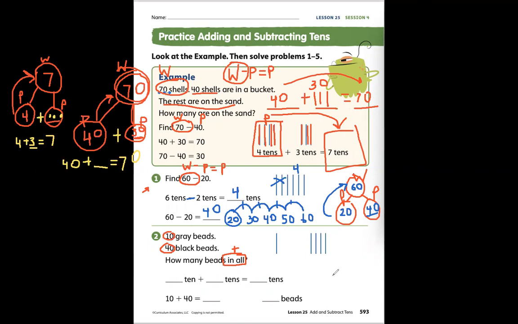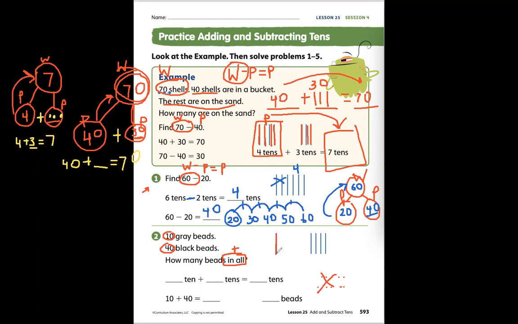Because I don't want to draw 10 ones, 1, 2, 3, 4, 5, 6, 7, 8, 9, 10, that just seems like a lot to draw. So that's why I am drawing my tens like a 10 stick.